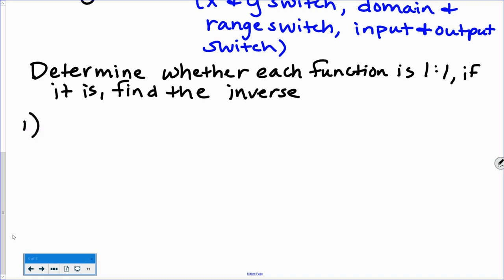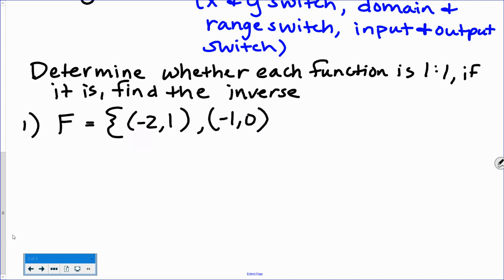All right, so our first example, we're just going to use points. You'll be given, they usually use a capital letter when they have the points, so they're saying this is function f. It's going to be the set of these points, so then we use little curly brackets to represent the set. You'll see that show up in your Math Excel. We've seen that before when we talked about solution sets. All right, so my points are going to be (-2, 1), (-1, 0), (0, 1), and (1, 2).